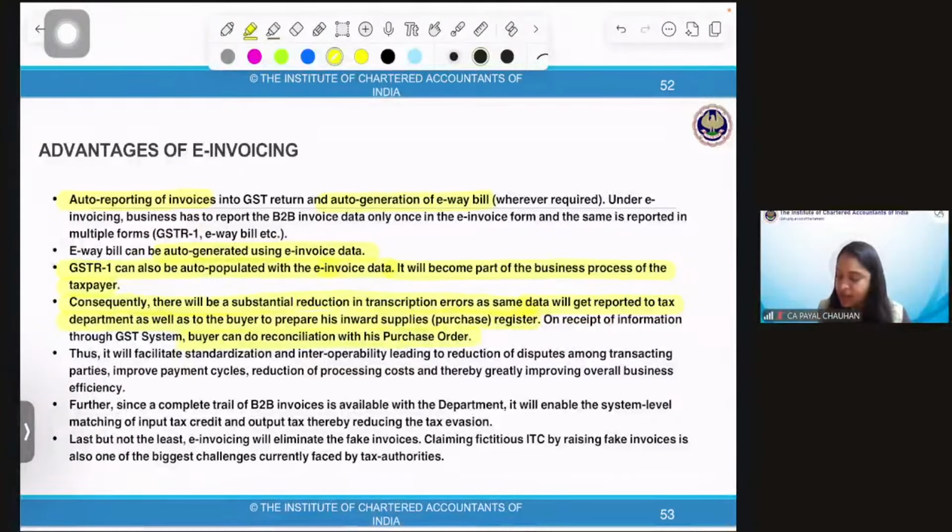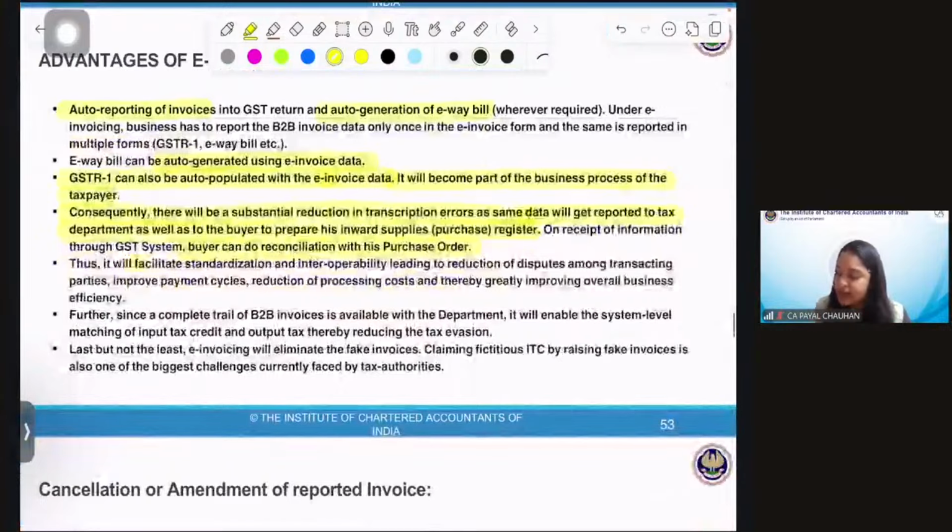Thus, it will facilitate standardization and interoperability, leading to reduction of dispute among the transaction parties, improve payment cycle, reduction of processing cost, thereby greatly improving overall business efficiency. But of course, we won't have a fight related to the wrong posting.